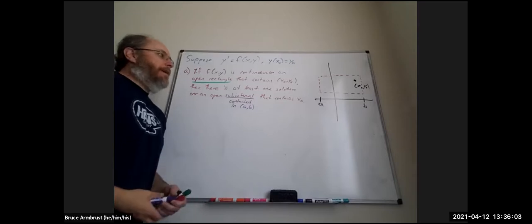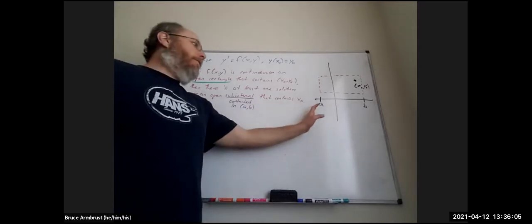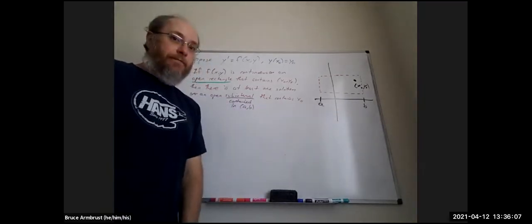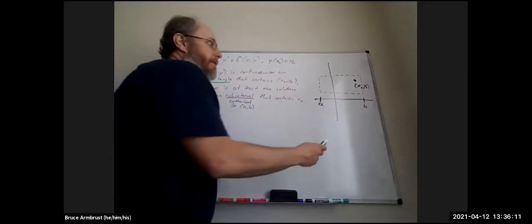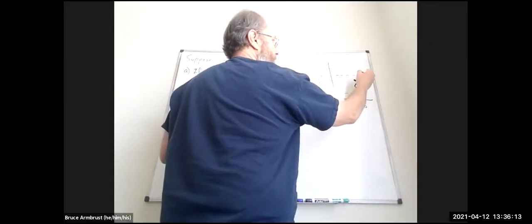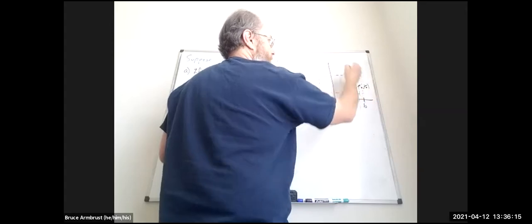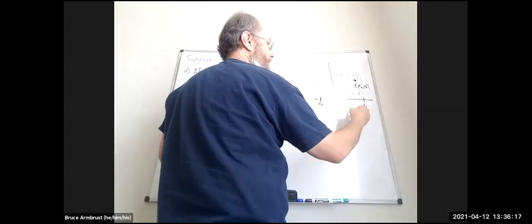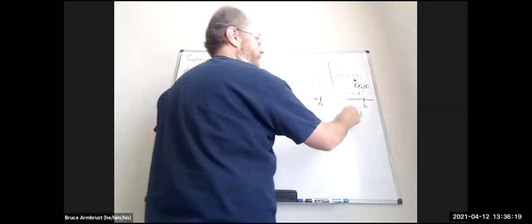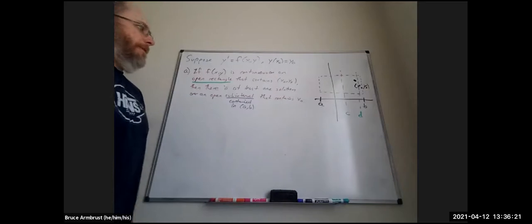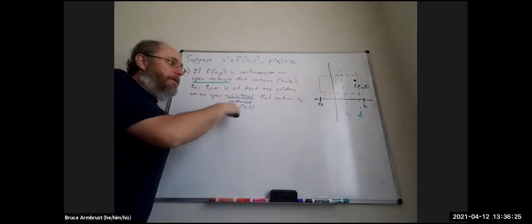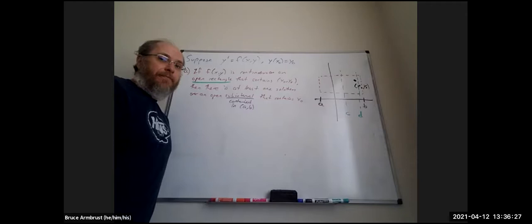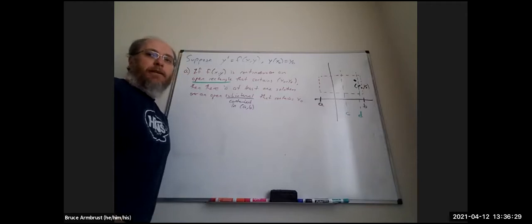So this doesn't mean I'm guaranteed a solution over the entire rectangle. It just means I'm guaranteed a solution in some interval, let's say from here to here, c and d. I know there's going to be some subinterval that contains the point where I'm guaranteed my solution.